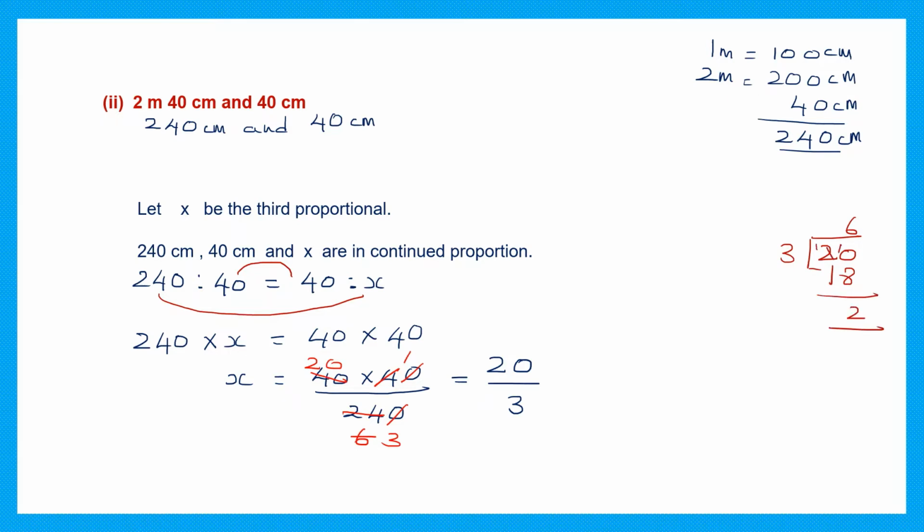So now I've got a mixed fraction. I've got 6, 2 by 3. So my third proportional is 6, 2 by 3. We just found out 6, 2 by 3.